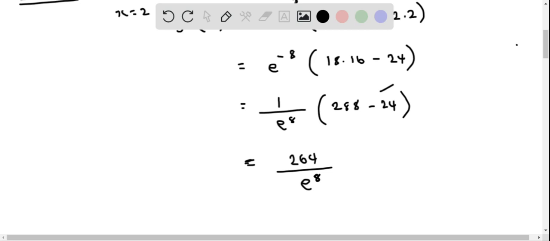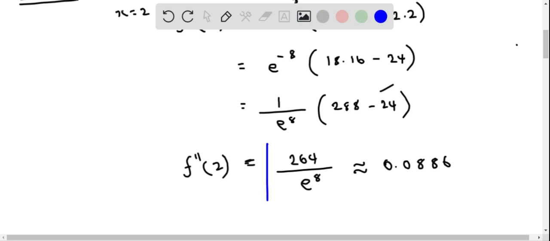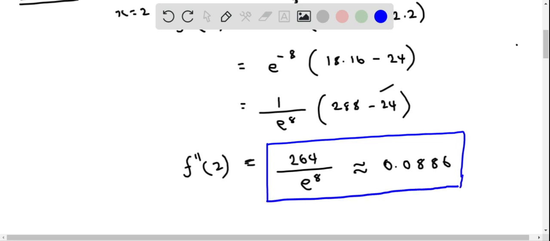So this one is f double prime of 2. We can also give its decimal approximation, and this is approximately equal to 0.0886, approximated to 4 decimal places. And so this is the value of the second derivative of f at x equal to 2.